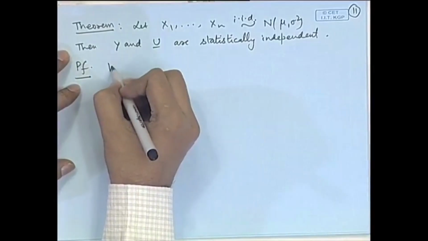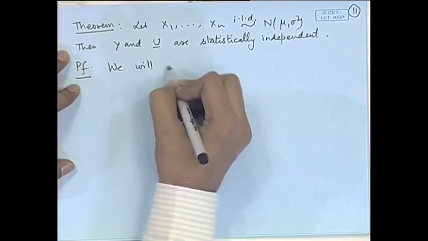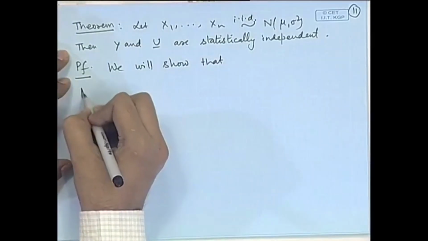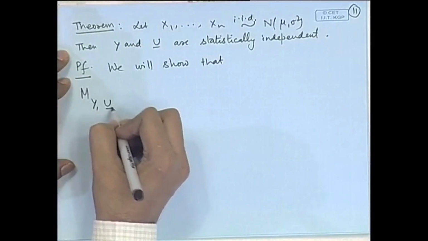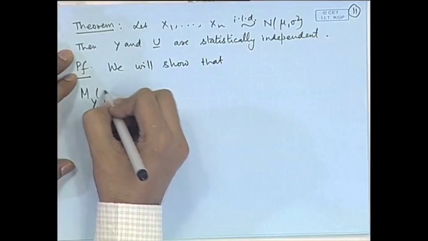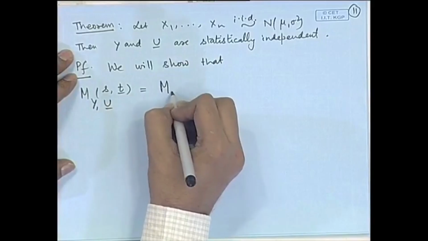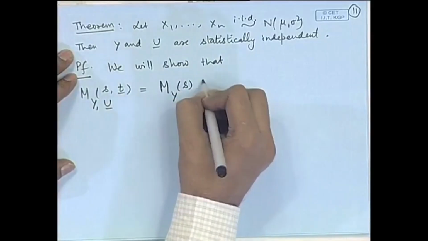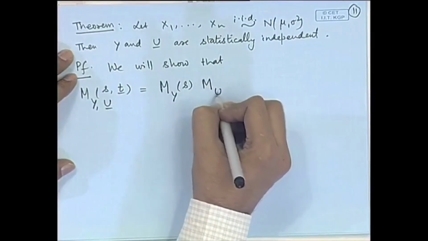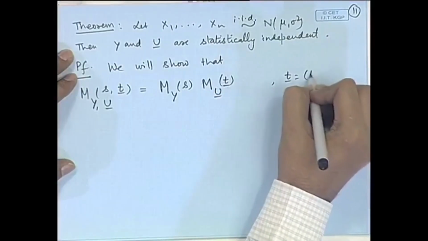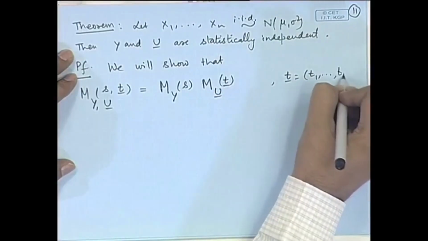We will show that the joint MGF of y and u at the point say s and t is equal to the moment generating function of y at s into the moment generating function of u at t, where t is equal to t 1, t 2, t n.